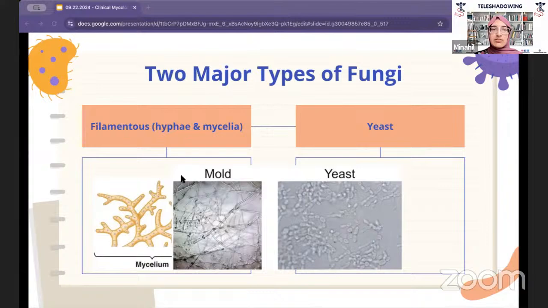There are also fungal spores. Spores are very important for reproduction, also survival in very harsh environmental conditions. And while both fungi and bacteria produce spores, fungal spores are different because they're actually less durable and structurally more distinct.